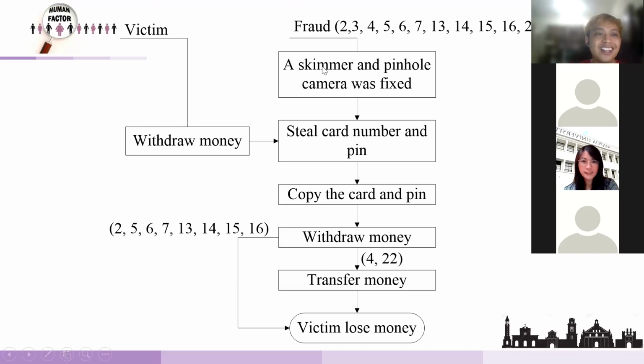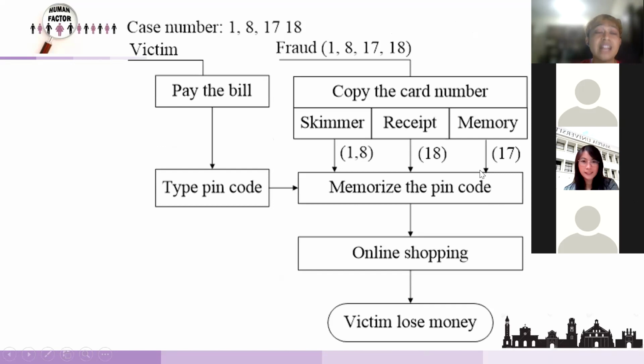If they have the skimmer and the pinhole camera, that's so scary. This actually happened in China. People suddenly lose money, and usually your mobile phone gets a notification. How come you get a notification from so far away, in another city you've never been to? Because of this. It's a transnational crime.